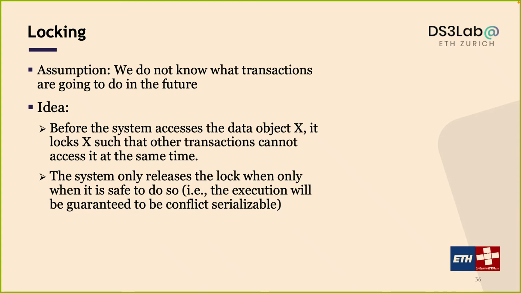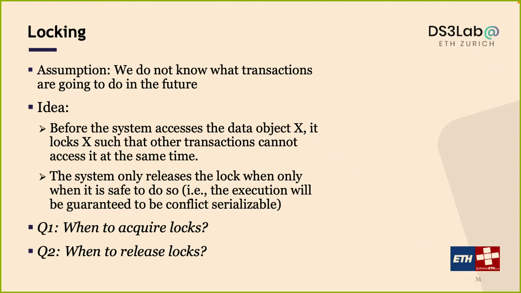If you look at this really natural idea, there are two fundamental questions we need to understand. The first one is when to acquire locks, and the second is when to release locks. For different answers to these two questions, you have different locking strategies, which give you different performance in terms of speed and also different guarantees on serializability.